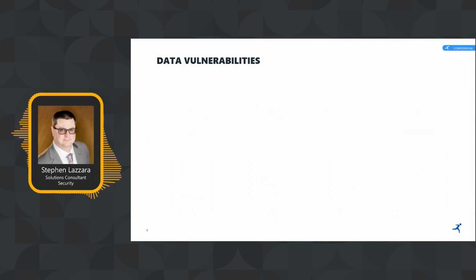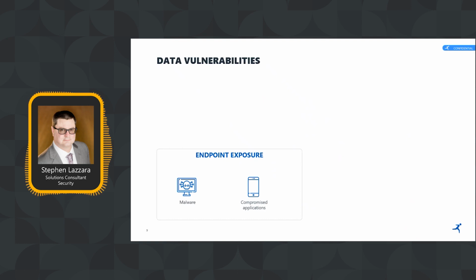The areas that data is now vulnerable in comparison to classic methodologies is endpoint exposure. You've got malware, compromised applications on somebody's phone can inadvertently lead to exposure of a company's data. Malware on individual systems that are being used from home or that are exposed to the internet.